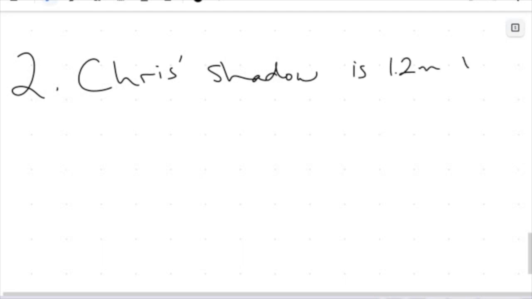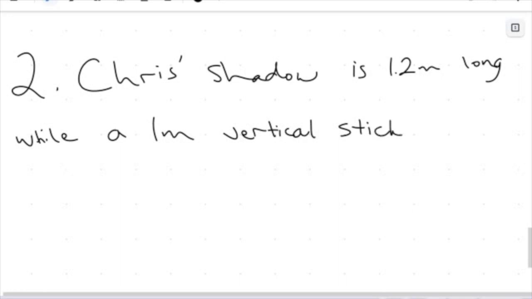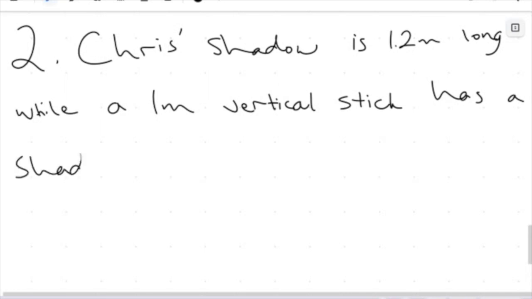So in this question, I'm given that Chris's shadow is 1.2 meters long, while a 1 meter vertical stick has a shadow .8 meters long.